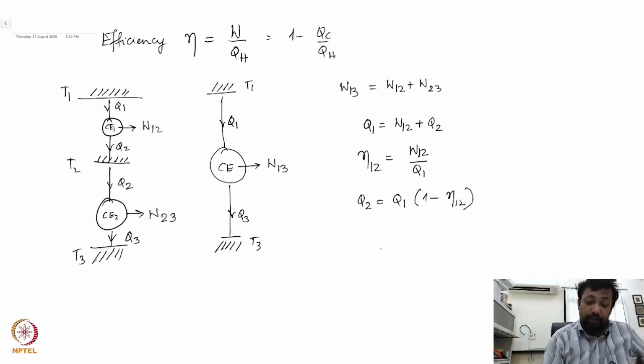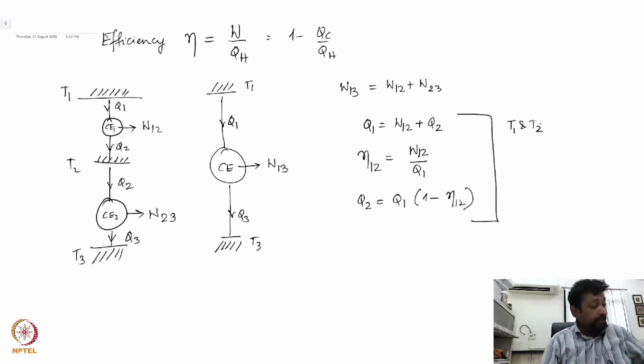This follows from the engine which works between T1 and T2. What happens for the second engine? Let's briefly draw this again. Q1, CE1 does a work W12, Q2; the second one again takes heat Q2, does a work W23 and dumps a heat Q3.